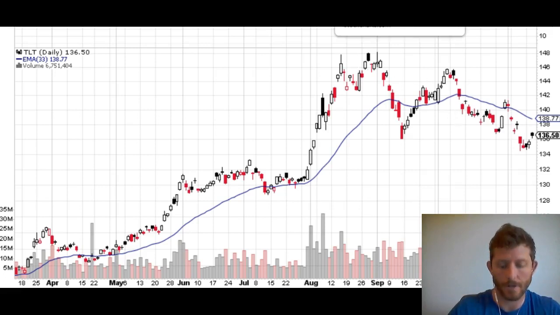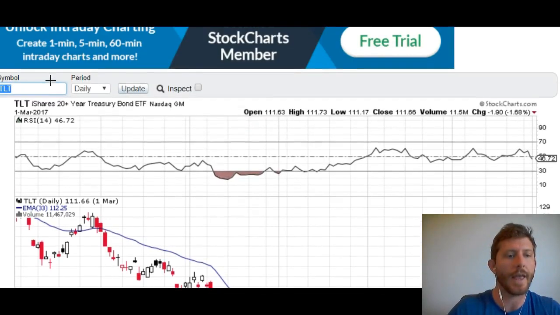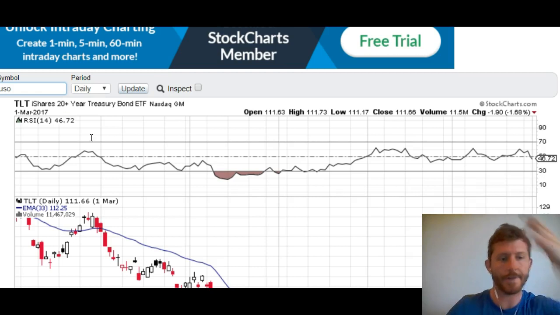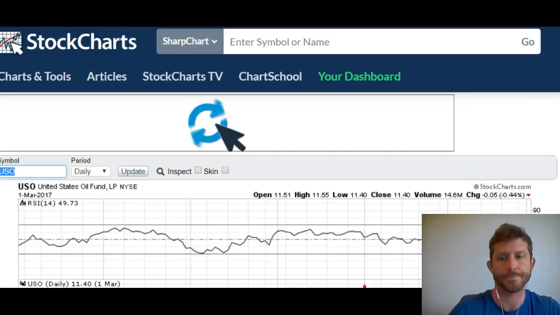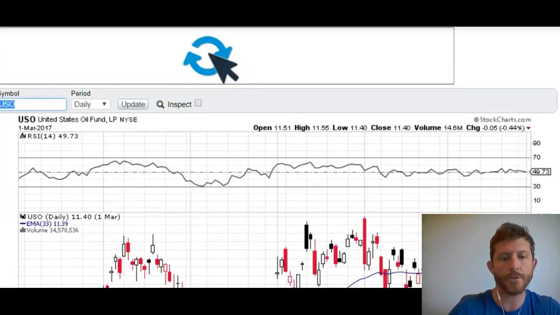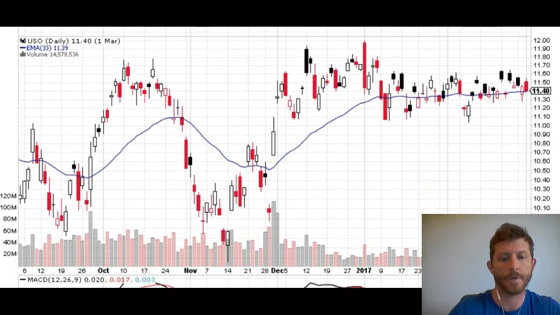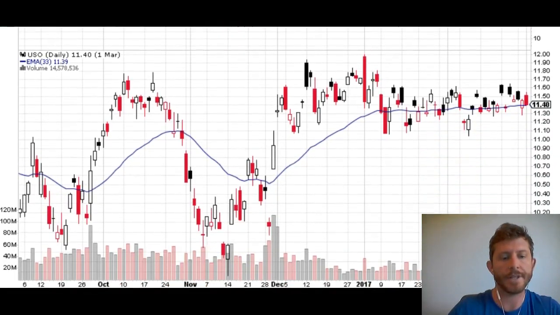All right, now let's take a look at oil. We're going to look at the USO chart. And this is 2016. Okay, 2016 right here, you can see oil kind of had this fake false breakout right here, up here in October.